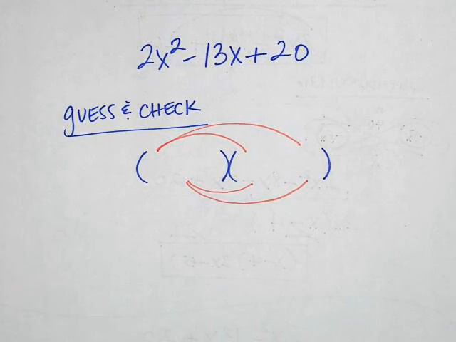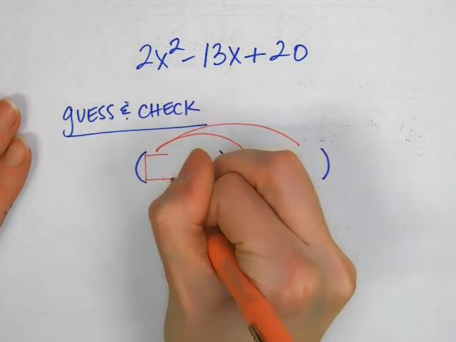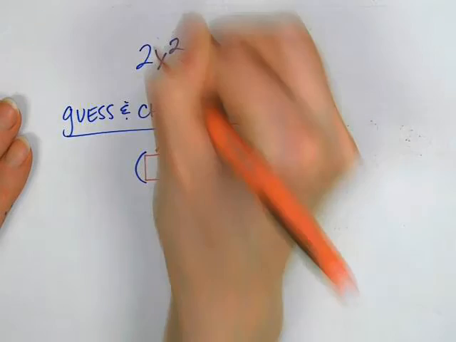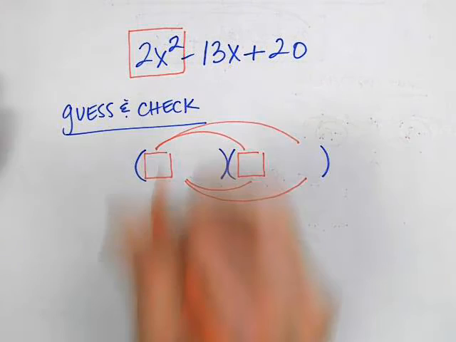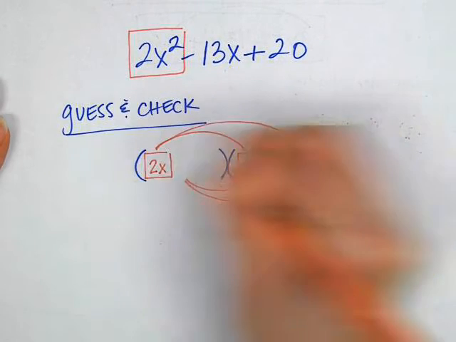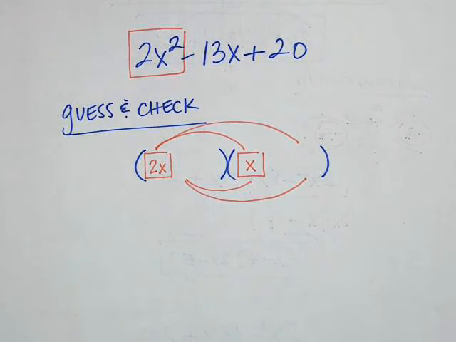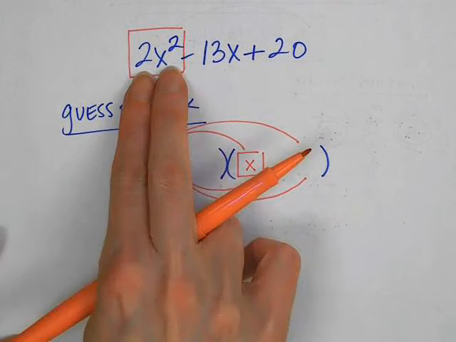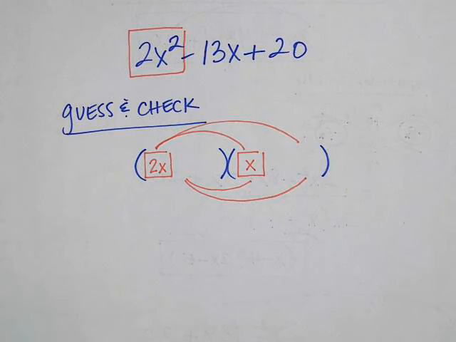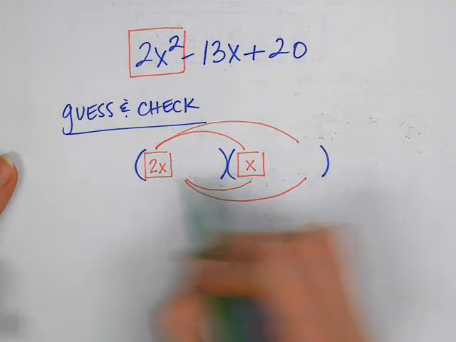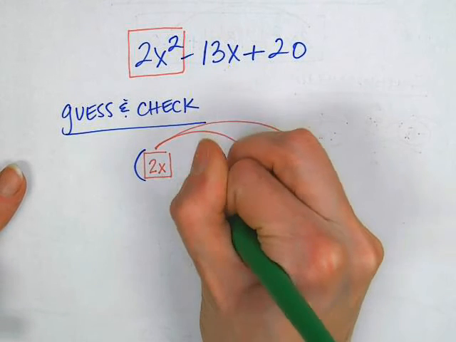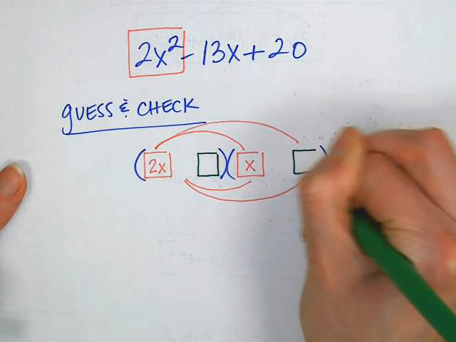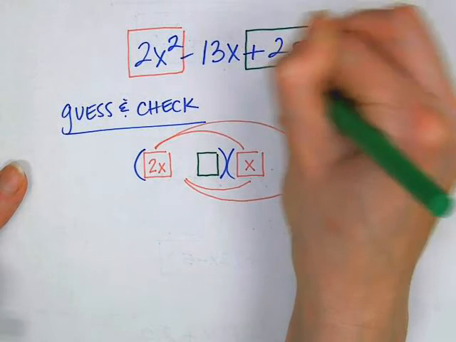So we know by distributing that this one times this one has to make this. That means we know for sure that this is going to be a 2x and this is going to be a 1x, because that's the only way to get 2x squared. Another thing we know by double distributing is that this number times this number is going to end up being 20.